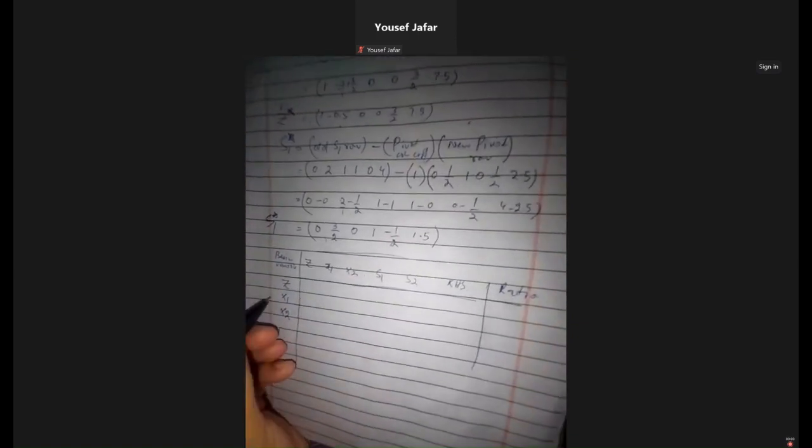Now here we have z. We will replace s1 with x1, and we already have x2 over here. This will enter into the system, and s1 will leave the system. Okay. So now we need to update the pivot row, because the pivot row is this one, and 3 by 2 is the pivot key element.